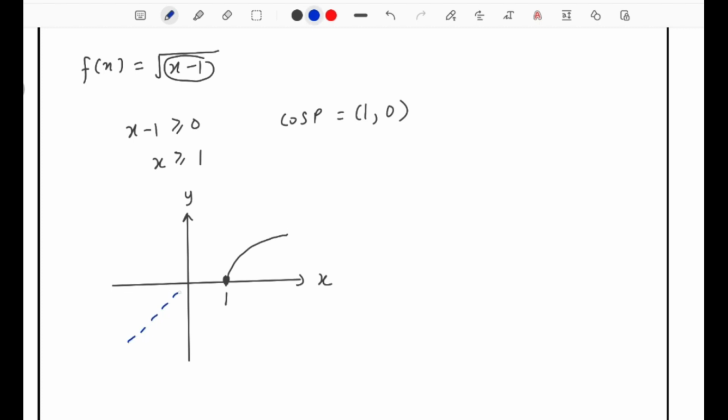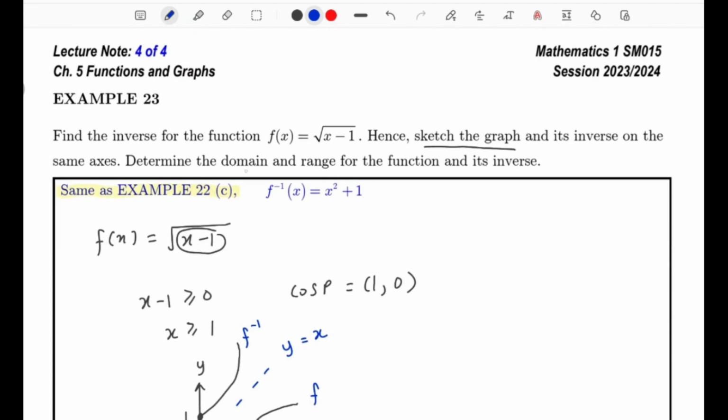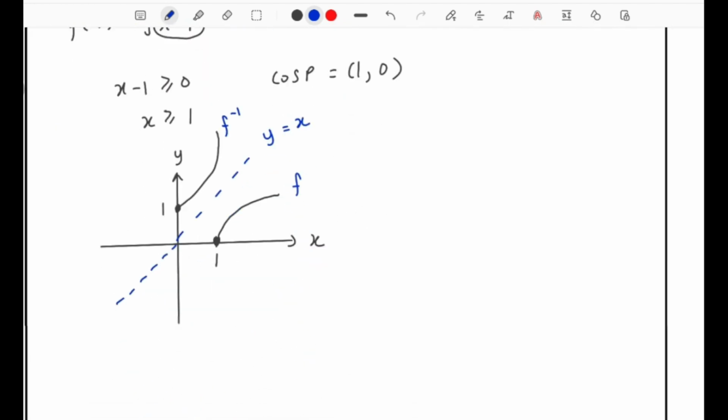Draw the reflection line, which is y equals x, and then reflect to find the graph of f inverse. Since here is x equal to 1, for the inverse it is y equal to 1. Then draw it like this. This is f inverse. Next, we are going to determine the domain and range for the function.